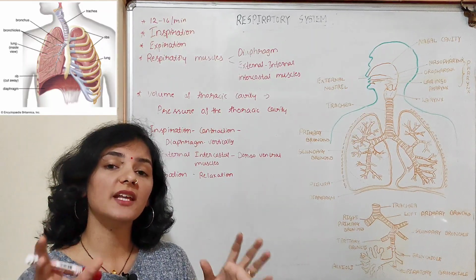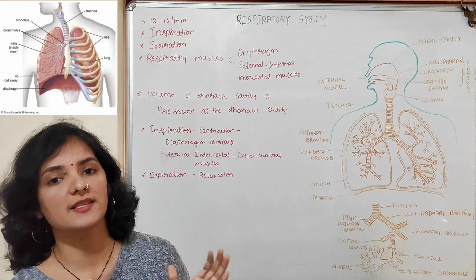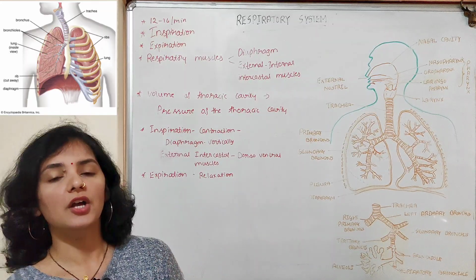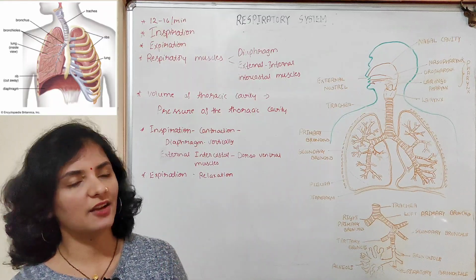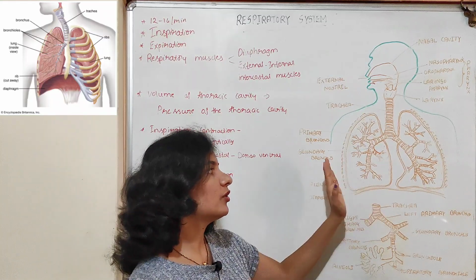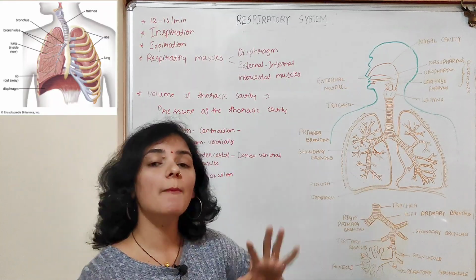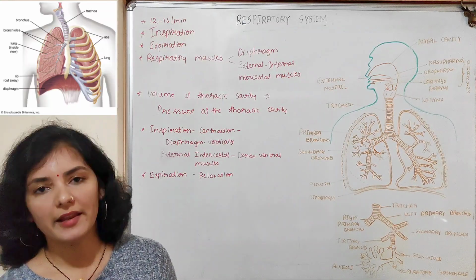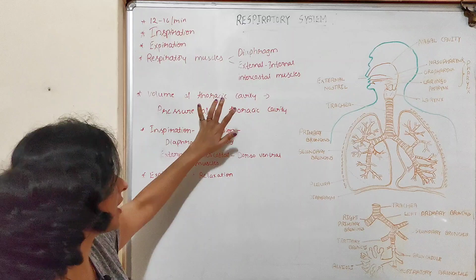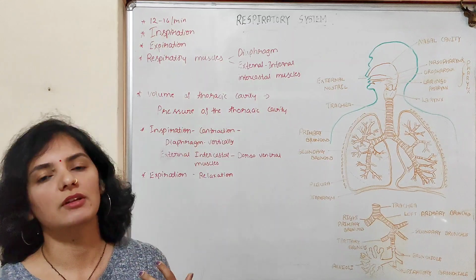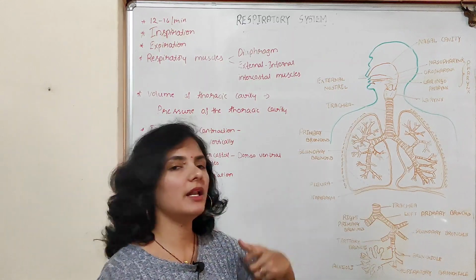So because of this airtight nature of the thoracic cavity, if there is any change in the thoracic cavity, it will be shown even in the pulmonary cavity or the lung cavity. For example, if there is an increase in the volume of the thoracic cavity, obviously there will be an increase in the volume of the pulmonary cavity.